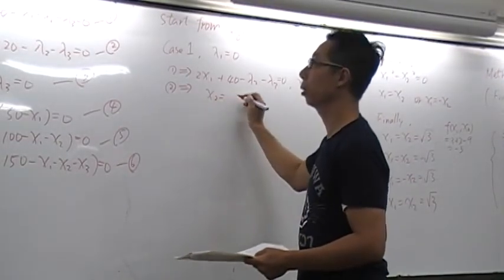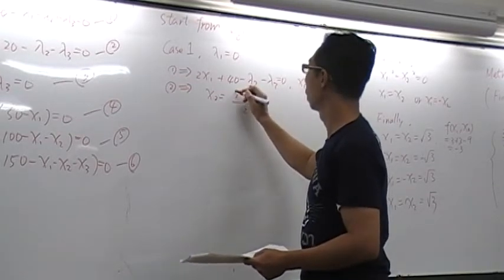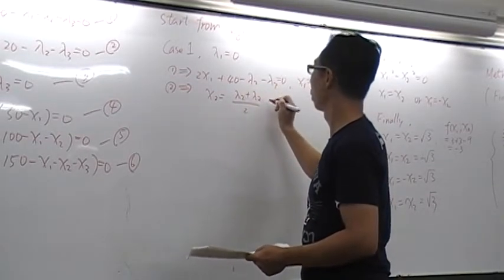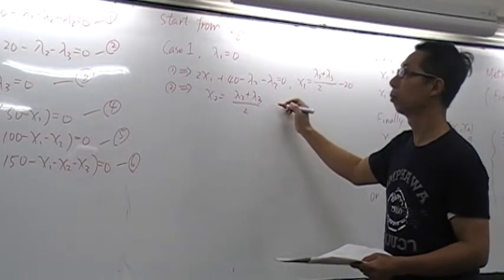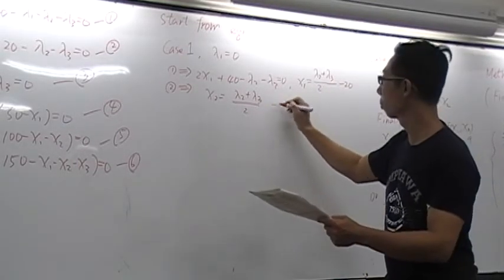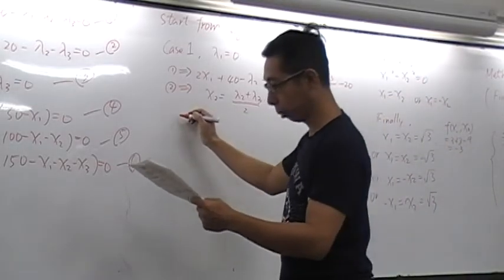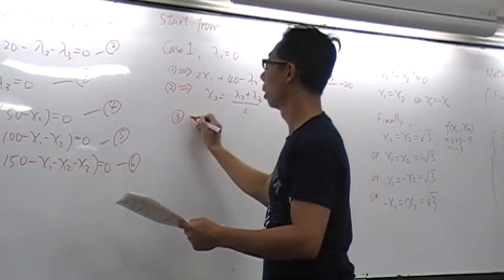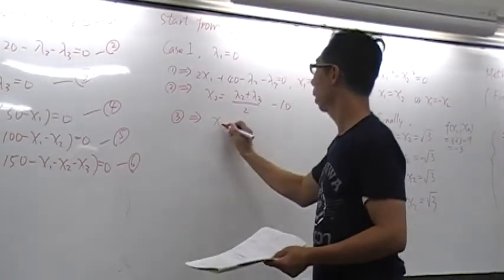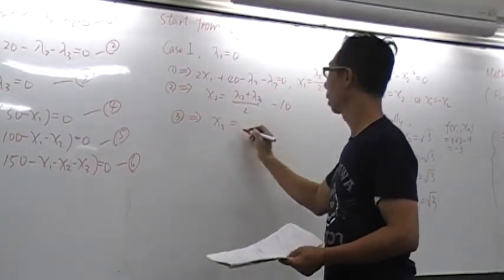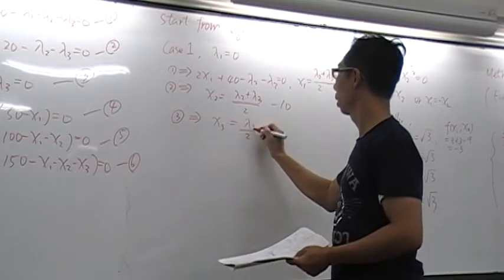So x2 equals 1/2 lambda 2 minus 10, right? And from equation 3, it's even easier, okay? So x3 can be solved directly like that.